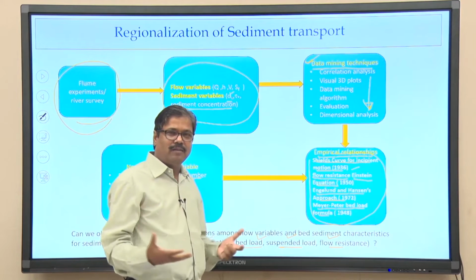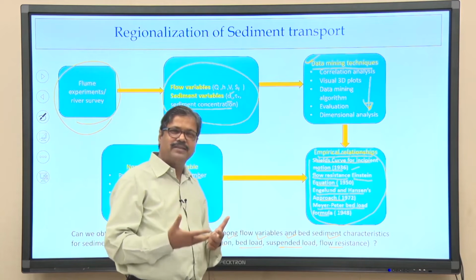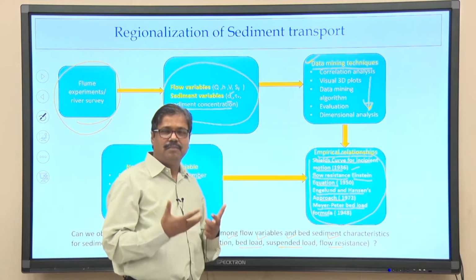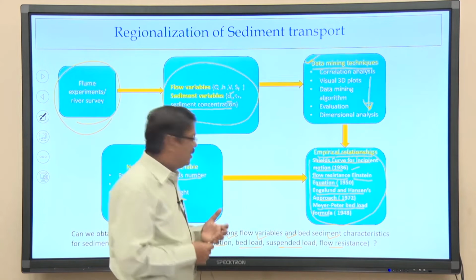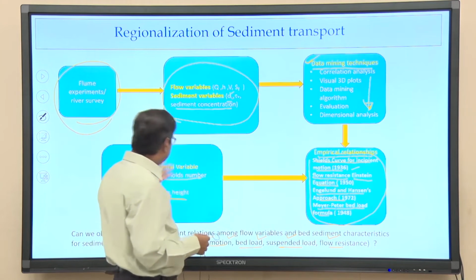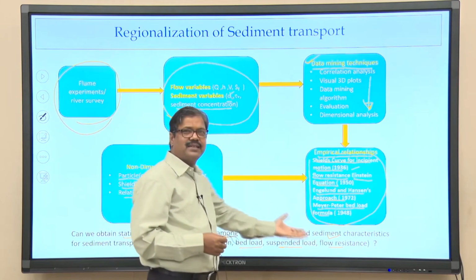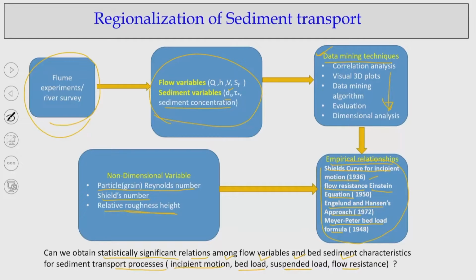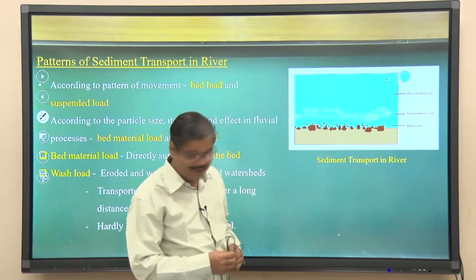Sediment transport is complex and stochastic in nature, but many scientists tried to solve these problems using a set of non-dimensional analysis, data analysis, and establishing empirical relationships. So, let us come back to the figure that is showing this clearly.